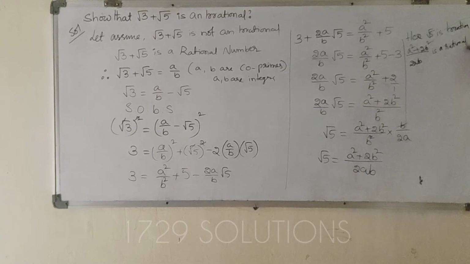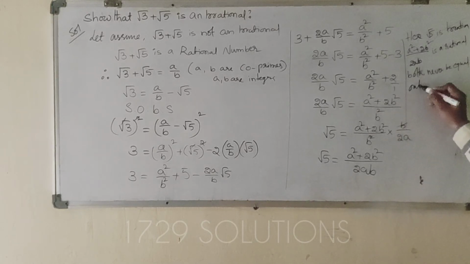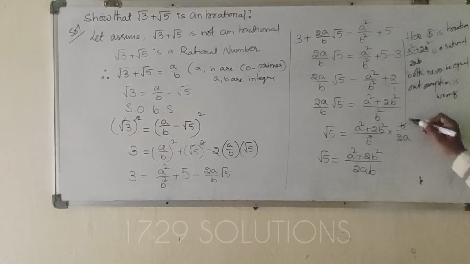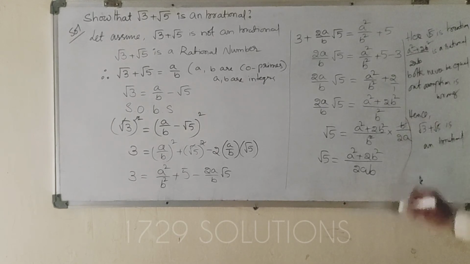But we are getting that both can never be equal. Irrational and rational never be equal; they are opposites. So our assumption is wrong. Hence, what can you say? Root 3 plus root 5 is an irrational number. See this proof?